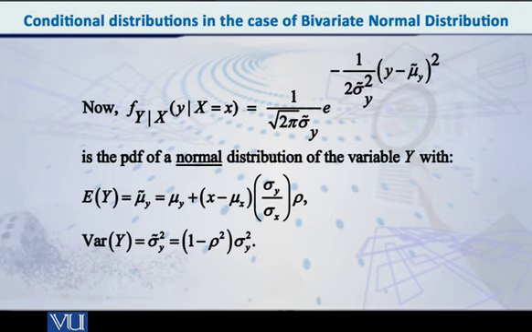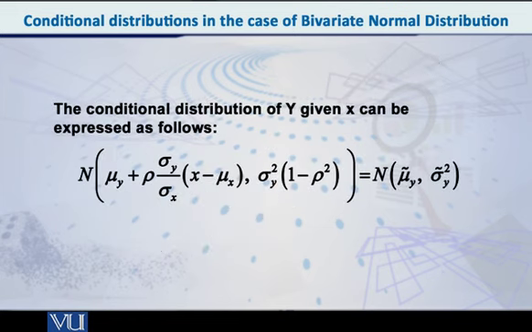So you can recognize it, I'm sure, very quickly as the PDF of a normal distribution, the mean of which mu tilde y is actually equal to mu y plus x minus mu x into sigma y over sigma x into rho, and the variance of which sigma tilde y square is actually equal to 1 minus rho square into sigma y square. अगर आपको थोड़ी सी यहाँ पे confusion है कि ये इतना लंबी सारी चीज़ें हैं, तो इसमें इतना परेशानी की बात नहीं है. आप ये नोट करें कि रो जो है that is a number, constant है ना, it is some number. और इसी तरह sigma y, sigma x and also mu y, mu x, they're all actually constants, they are numbers.